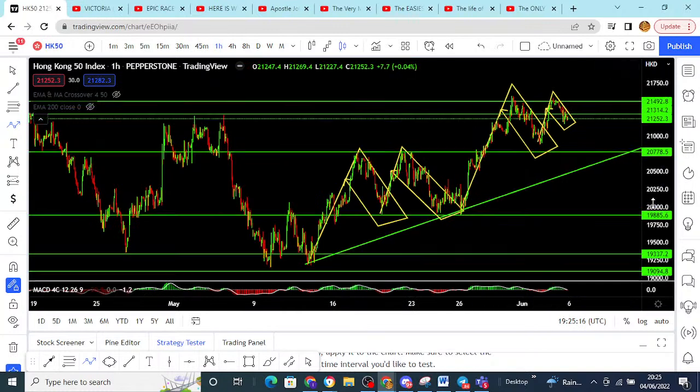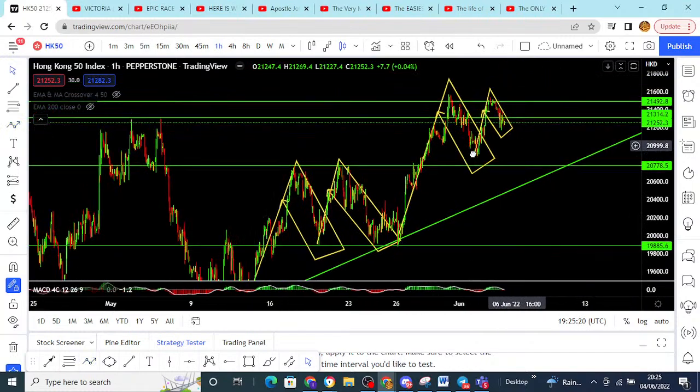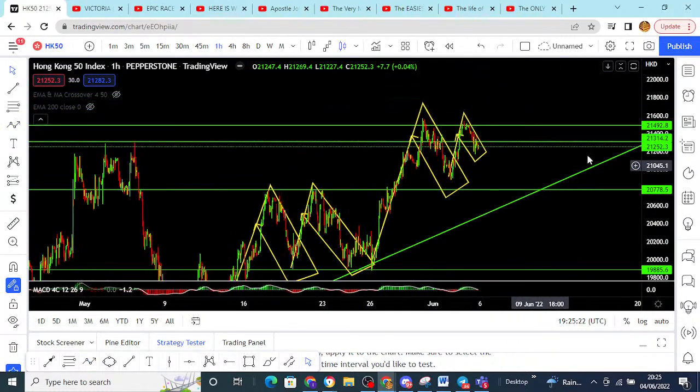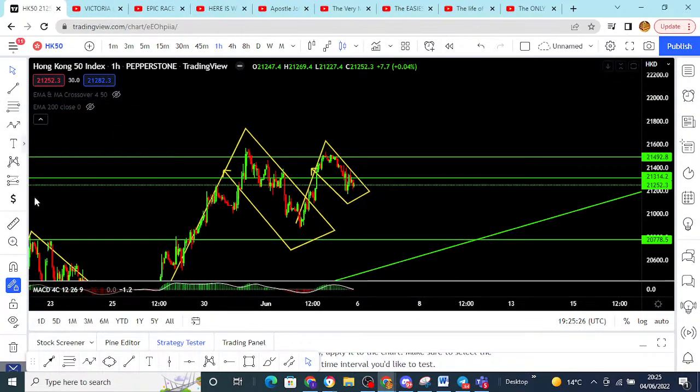So there's an immediate question mark here. What is the market going to do on Sunday when it opens up? Will it continue to maintain a higher high, or are we witnessing a trend change?